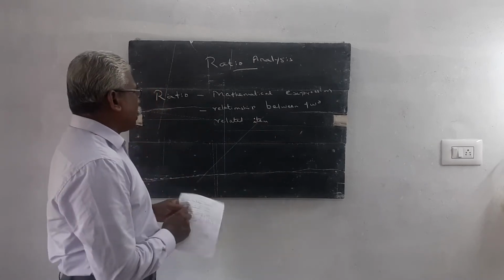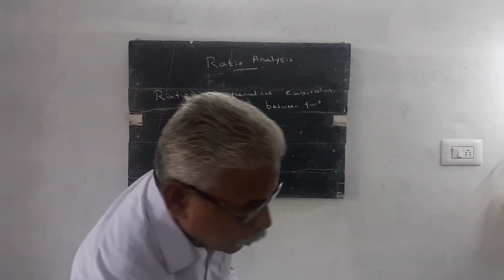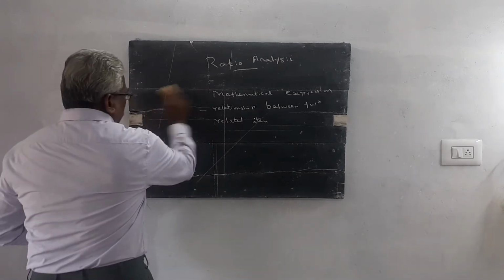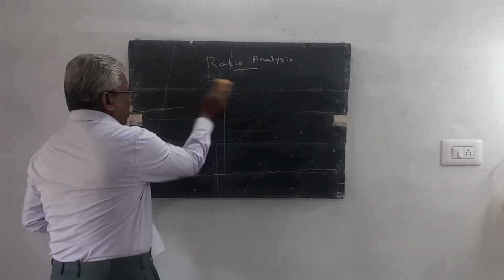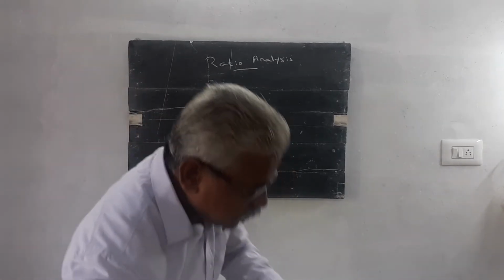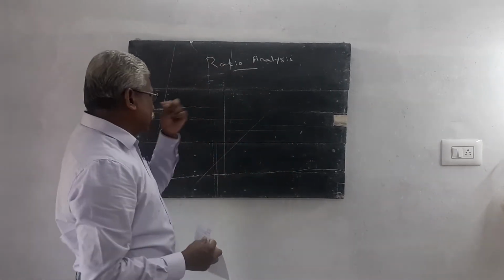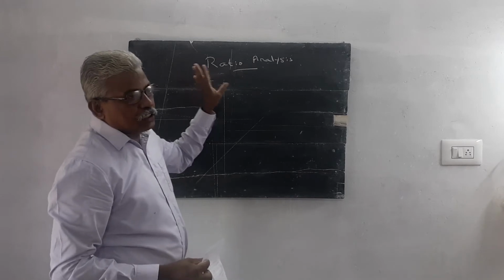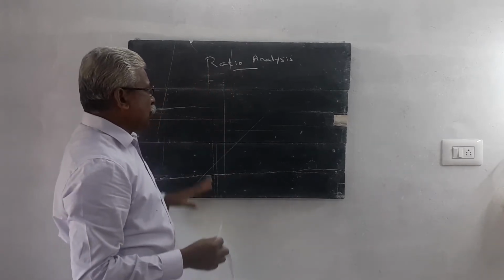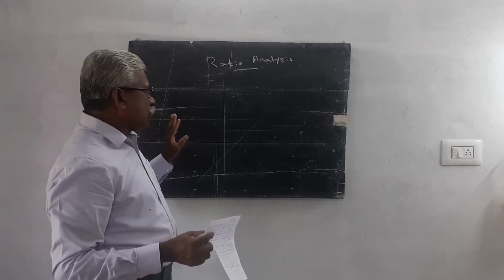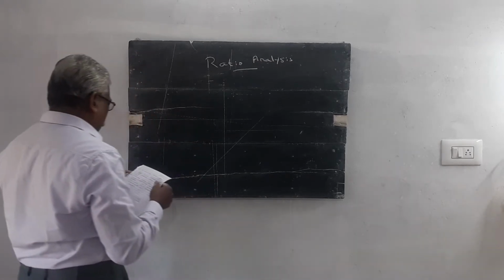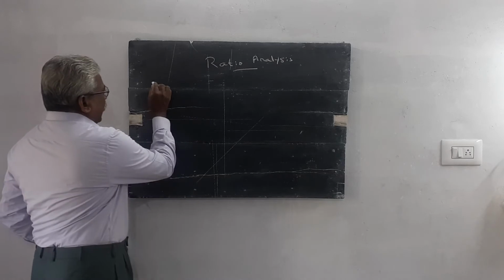Today I am going to explain two ratios. Number one, current ratio. Number two, quick ratio. In this ratio analysis chapter, the important thing is that you study the formulas. If you know the formula, then only can we solve the question.